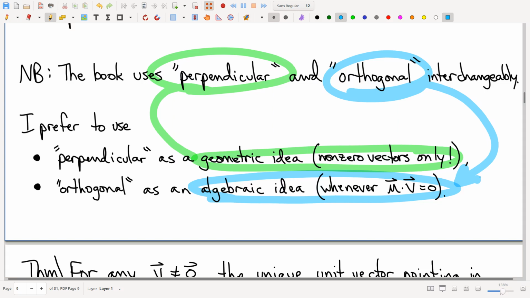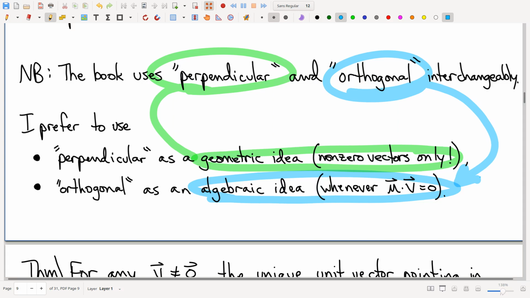But in a context like this, I think it is actually important to make this distinction because sometimes we will need specifically to be referring to a statement about geometry, and sometimes we will need to specifically be referring to a statement about algebra. And so try to use these words, please, in these senses specifically. And I will do the same.